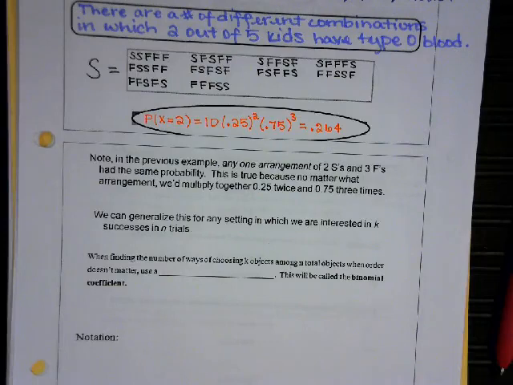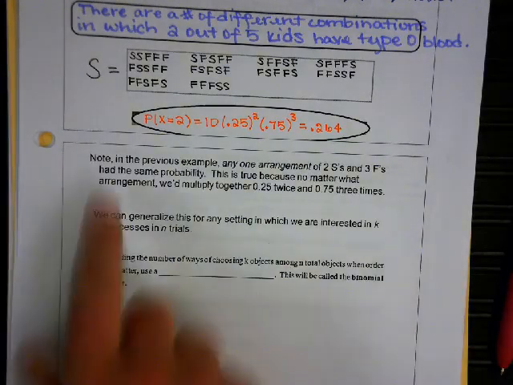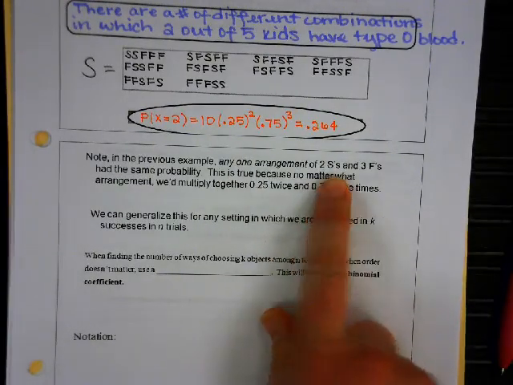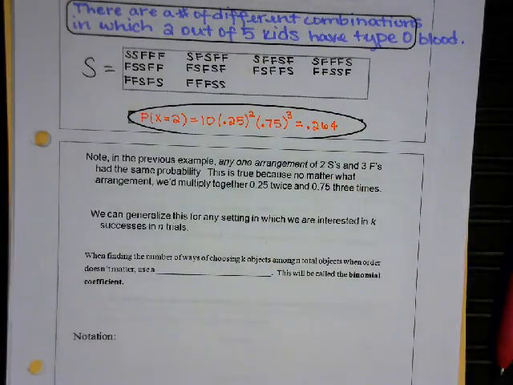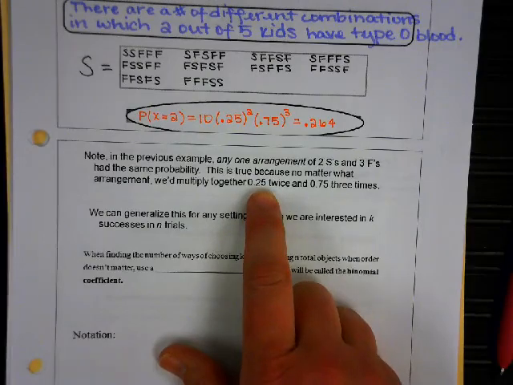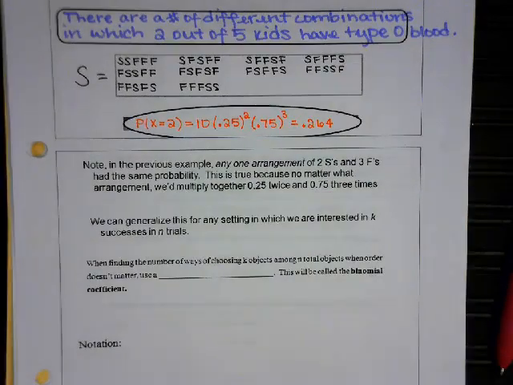So, we had any one arrangement of 2 successes and 3 failures. They all had the same probability, because no matter what arrangement we work with, we did 0.25 twice and 0.75 3 times. So we can generalize this for any setting where we are interested in k successes and n trials.